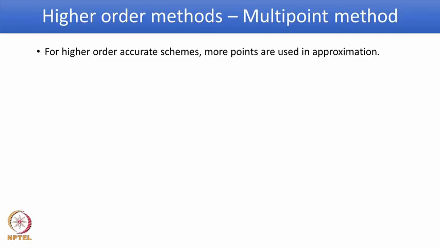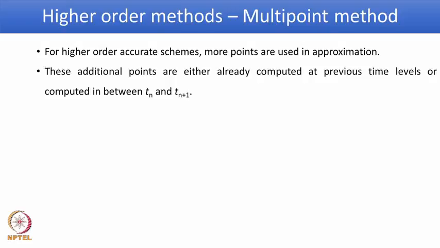So, we are going to look at the procedure for how to obtain higher order methods even for the time derivative, and such a scheme is also known as a multi-point scheme. In a multi-point scheme, as the name indicates, we use more points. Now, how do you obtain these more points? These additional points are either already computed at the previous time level.